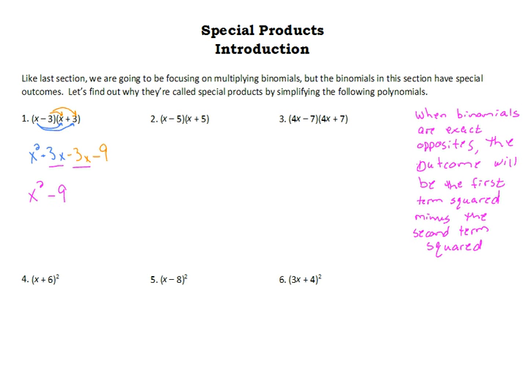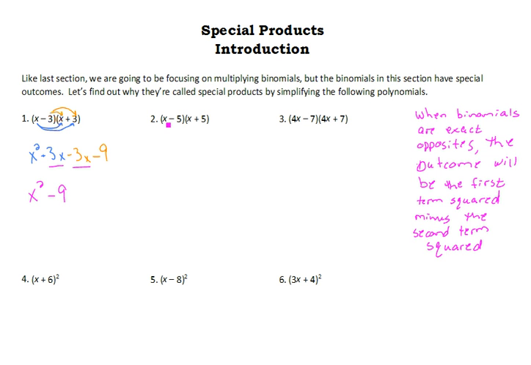Okay, so here's the question. Do we have to have that memorized and say, oh, they're opposites, I know it's going to be that squared and that squared? No, if you want to just drill and practice and distribute this out, you're still going to get the answer. But again, these are just nice little tricks that we can use. So binomials are exact opposites, which means I have x's, I have 5's, I have opposite signs in the middle.